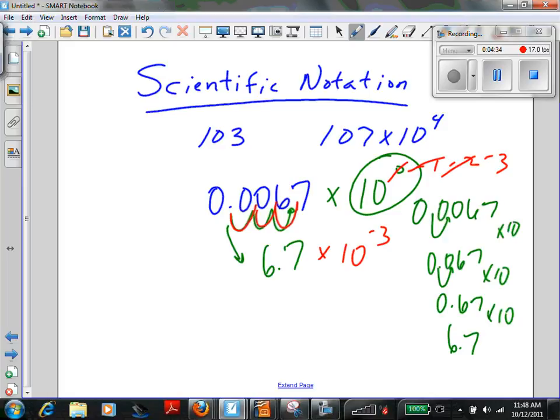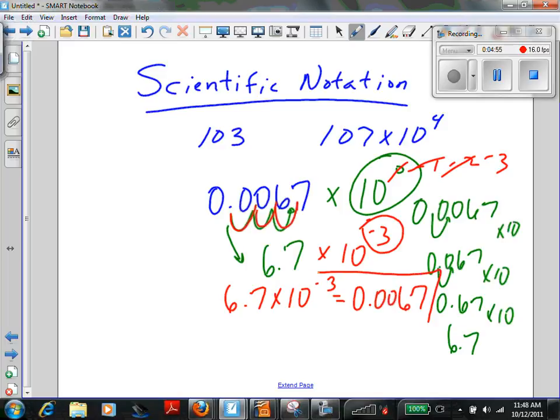And because it's a negative, I know the actual value is less than 1. And it is. This number, 6.7 times 10 to the -3, is equal to 0.0067. They are the same exact value. Okay?